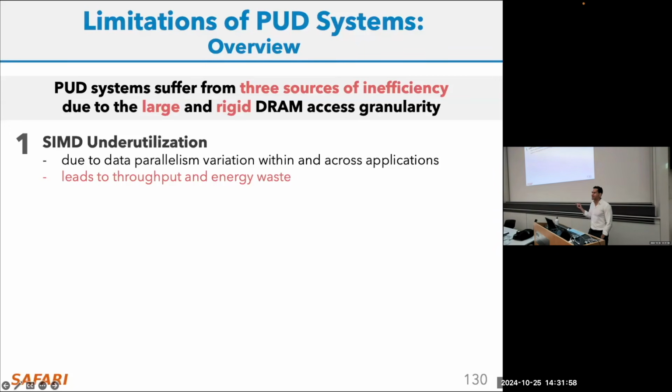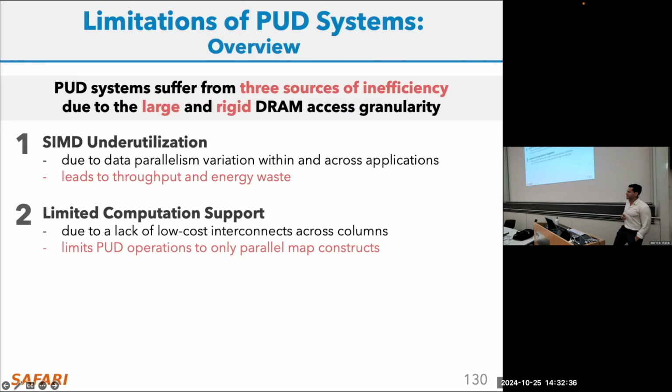That tail generates underutilization, and hence you're losing throughput, and you're also increasing the baseline energy consumption because you're activating DRAM rows that are only going to generate zeros, which consumes more power for your system. So the problem that we identified in this follow-up paper is that currently processing-using-DRAM systems suffer from a severe underutilization problem because the granularity of computation is fixed and rigid. It's always 8 kilobytes.